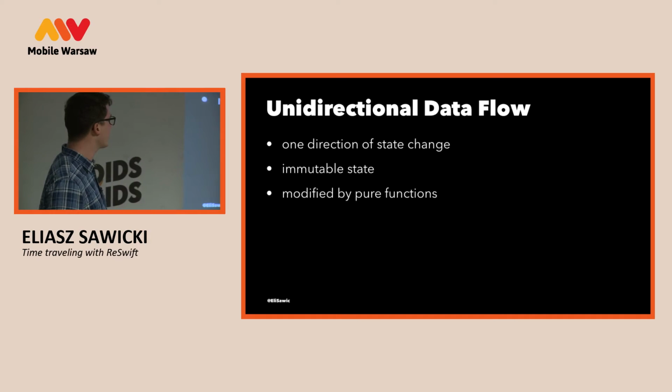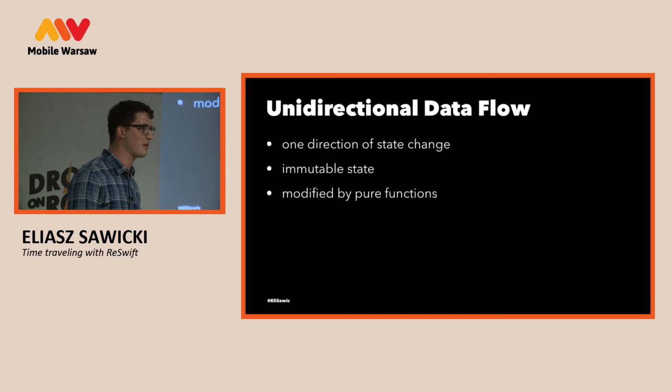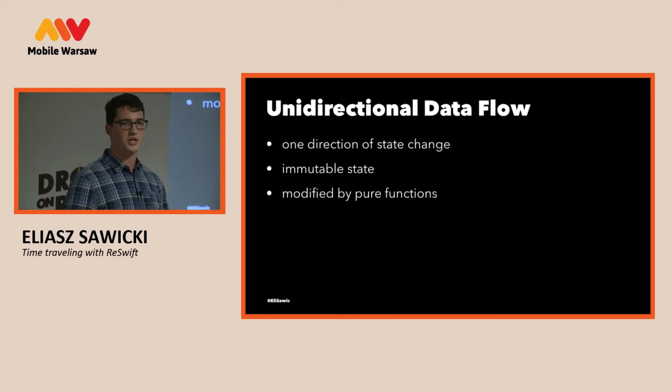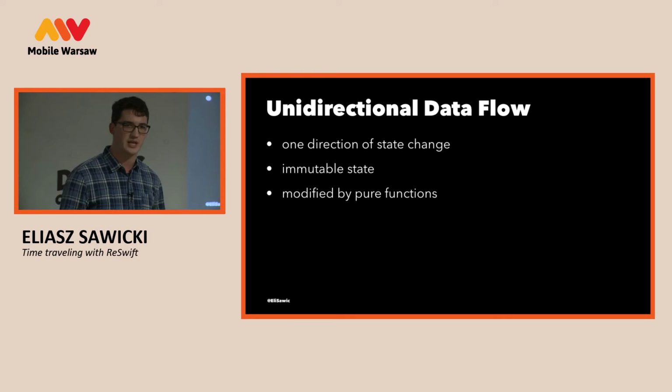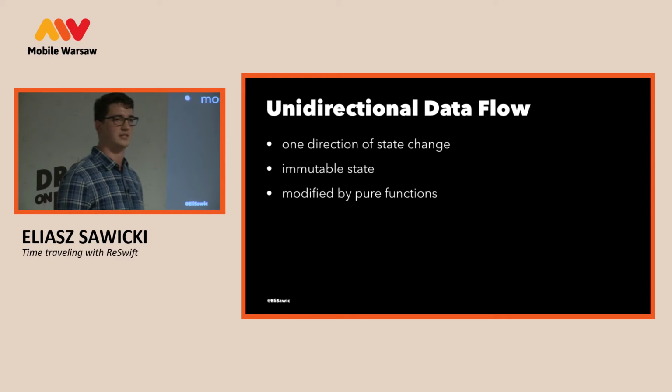So the second thing is immutable state. And the third thing is that it's modified by pure functions. Both of those things somehow fight with each other. What I mean by immutable state is that in order to change something in your application, you produce a new state based on old values, and you don't change the data structure.